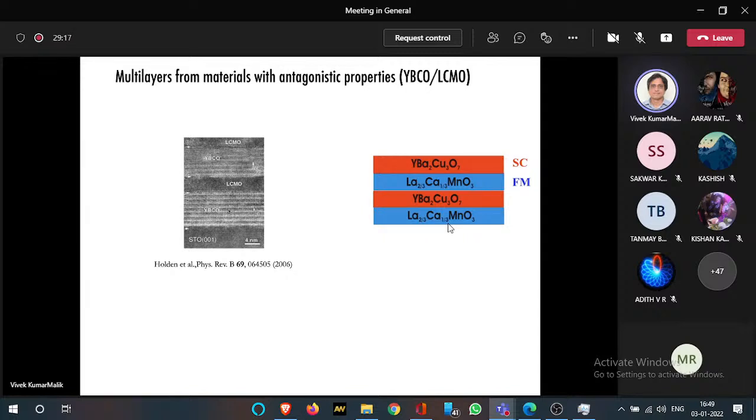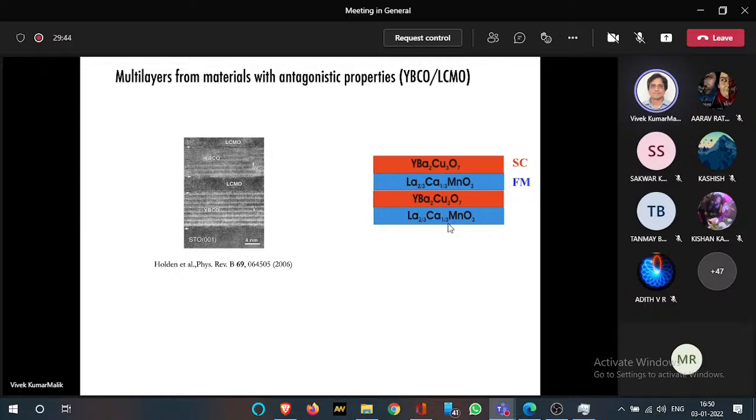This is large because along the C-axis it is about 11.6 angstrom, and LCMO has a lattice constant along the C-axis of about 3.87 angstrom. So you can see that this is a large unit cell, which you can see directly here. Whereas the in-plane lattice constant is almost the same for both materials, around 3.9 angstroms.